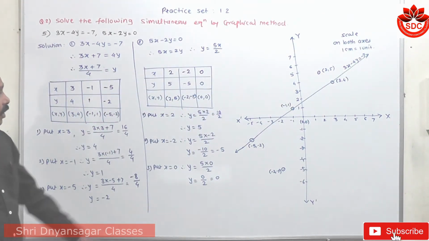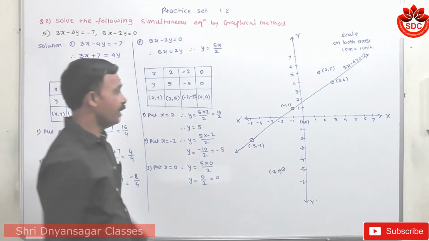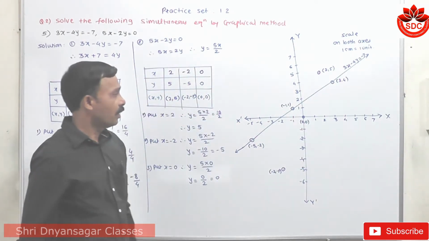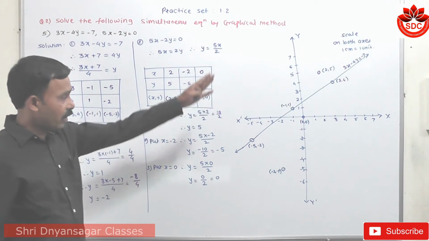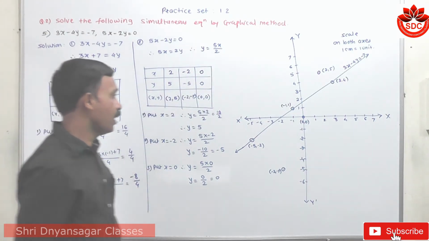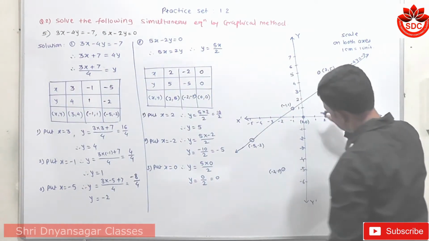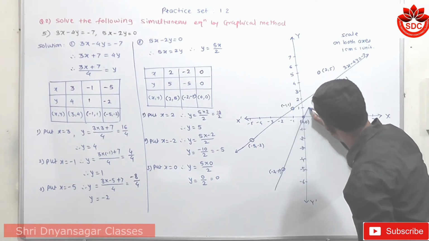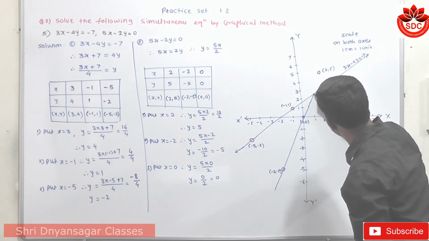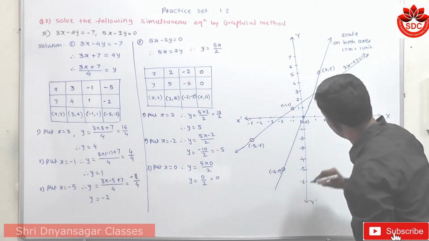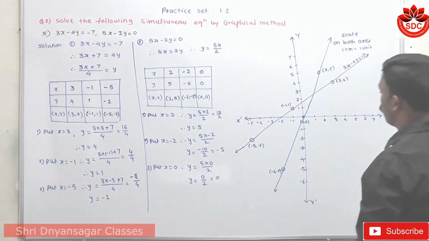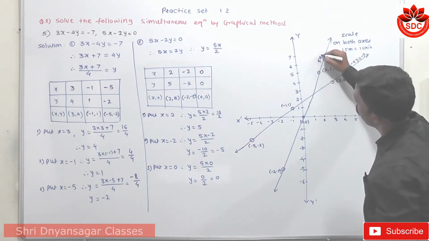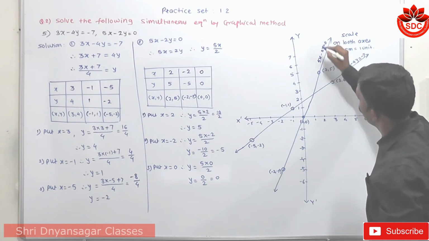Okay, the third coordinate is 0, 0, which means it is the origin. Now students, we draw this by using the scale. We write here the equation of this: 5x minus 2y is equal to 0.